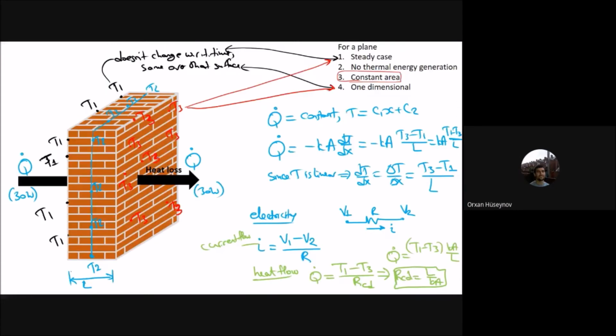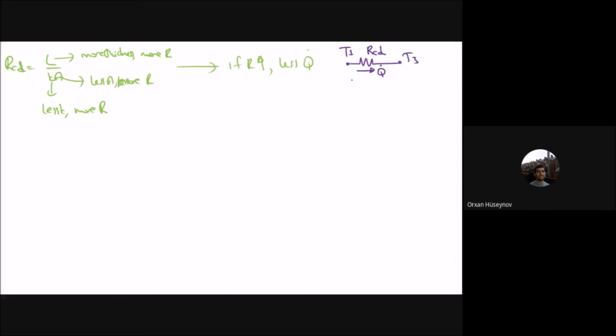Let me show you: T1 here, the resistance inside the wall, then T3, and Q dot. This is the general notation that we show for the heat flow. You have to remember that heat flows from higher temperature to lower one. Therefore, T1 is always greater than T3.